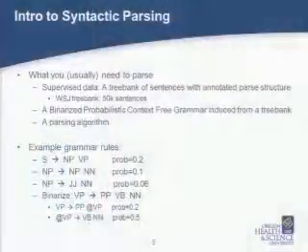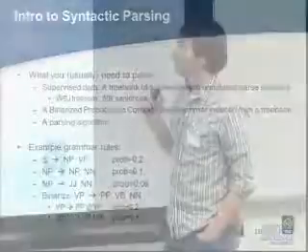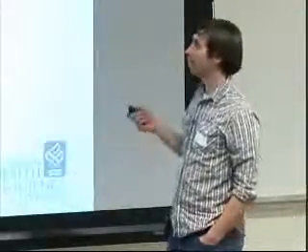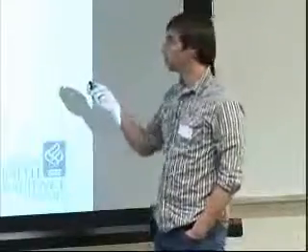So what do you need to parse a sentence? Typically, supervised data, a tree bank, which is a collection of sentences with manually annotated parse trees. Of course, people do unsupervised parsing, but that's much more difficult. From this data, you can induce a binarized probabilistic context-free grammar. Once you have that, you can plug it right into your parsing algorithm and go to town.